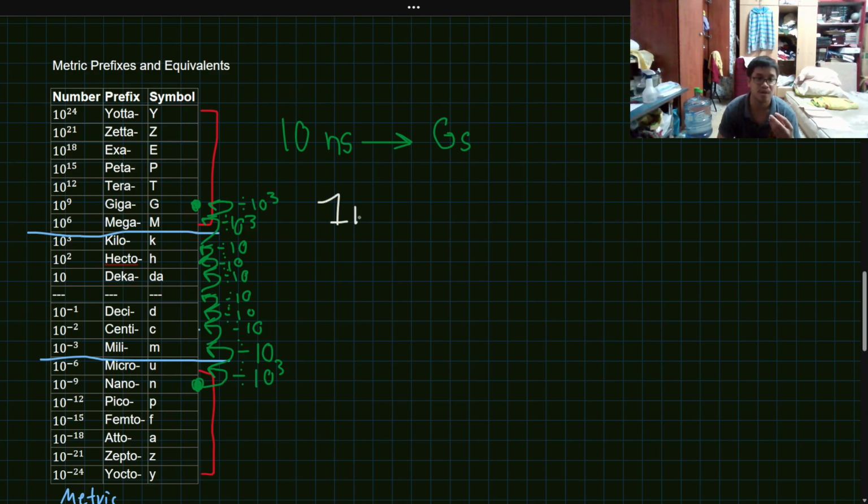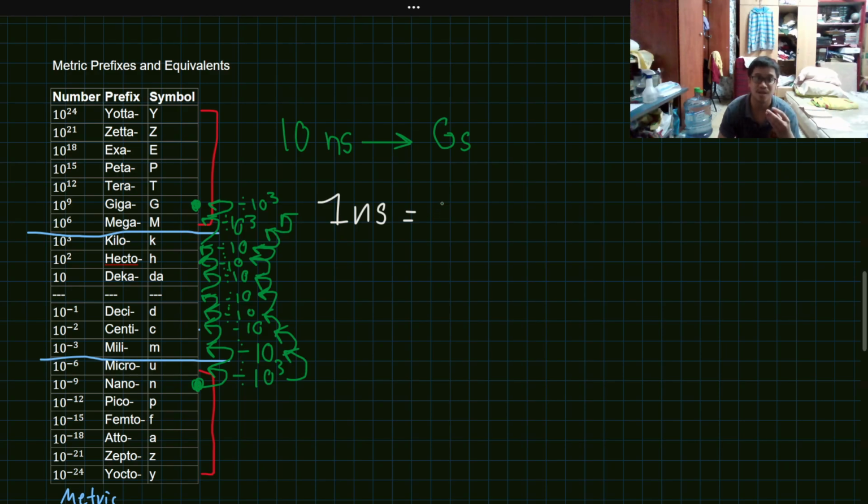So that means in 1 nanosecond, this is equivalent to 10 cubed times 10, that would be 10 raised to 4, times 10, 10 raised to 5, times 10, 10 raised to 6, times 10 raised to 7, times 10 raised to 8, times 10 raised to 9, times 10 raised to 10, times 10 cubed raised to 13, times 10 cubed raised to 16.